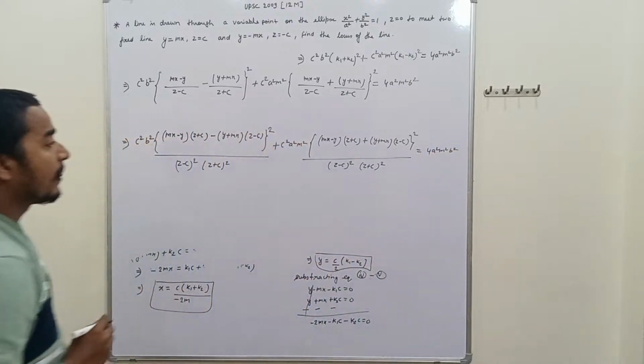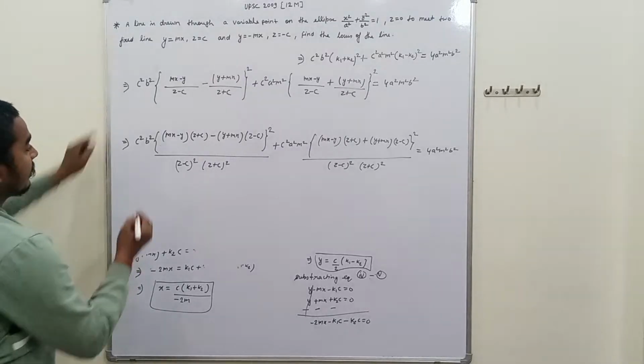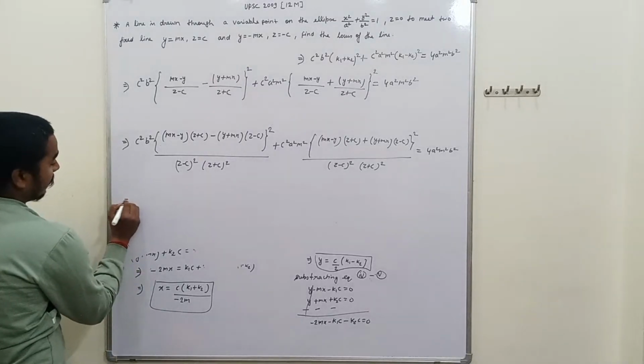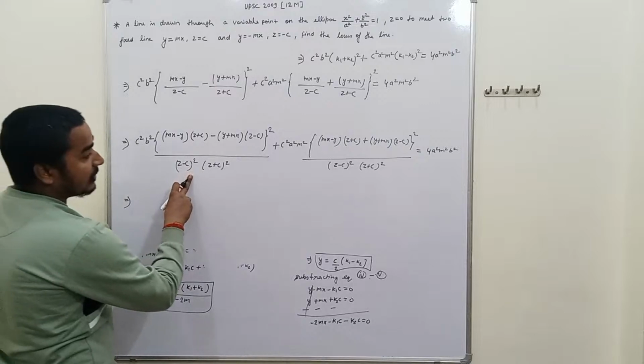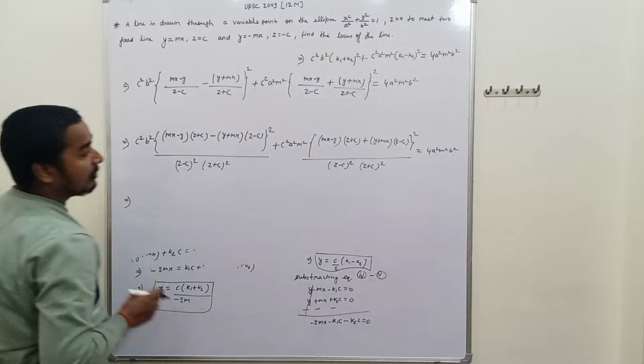From here we have to also take LCM, that is (z minus c) whole square and (z plus c) square. Here also the LCM is same.